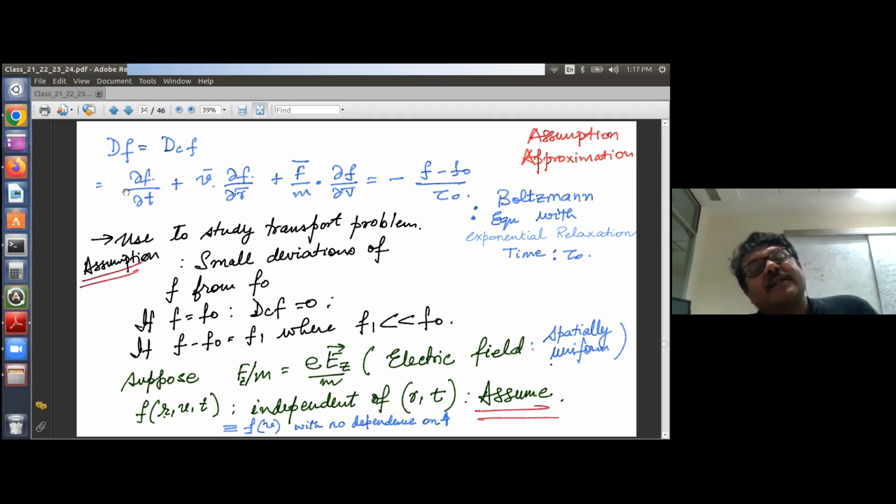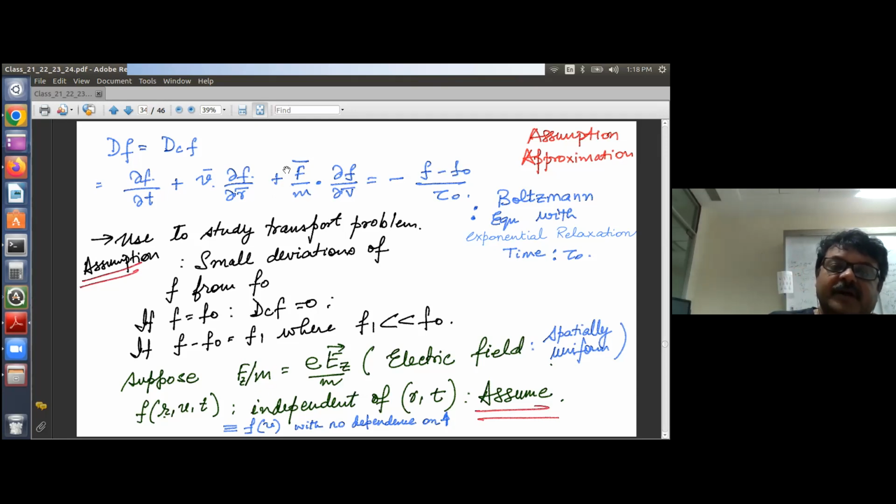So then there won't be any relaxation. There is no explicit time dependence of the distribution function. But if there was an electric field which is constantly driving f away from its equilibrium value, right?